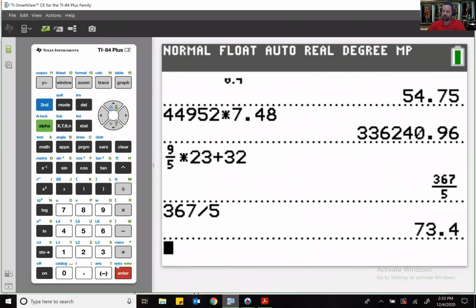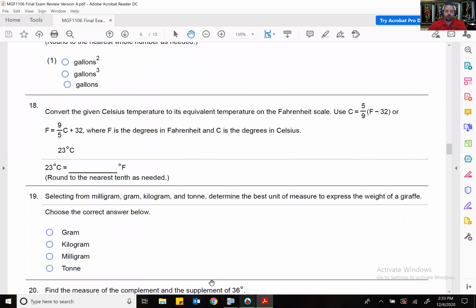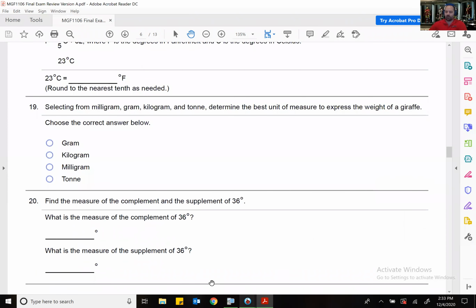Do we have to round? No, because nearest tenth was 1 decimal place and it gives us 1 decimal. So the answer is 73.4. Easy peasy lemon squeezy. Just plug and chug. All right, number 19 will end chapter 9.